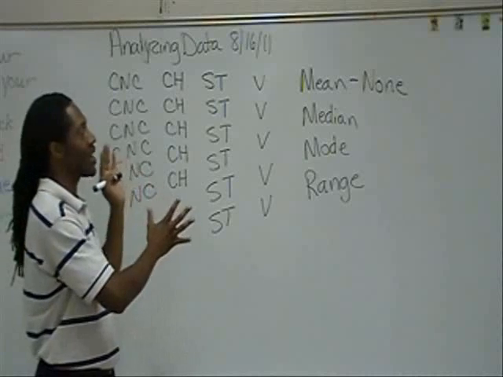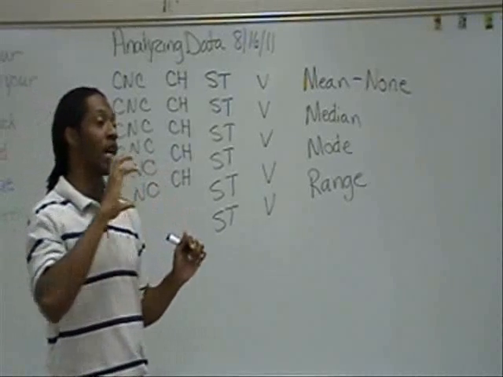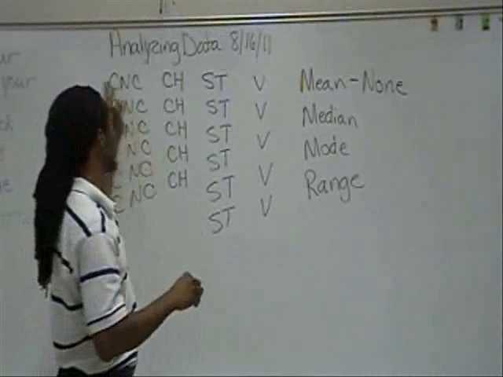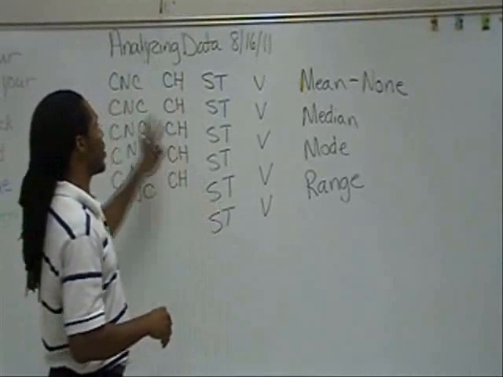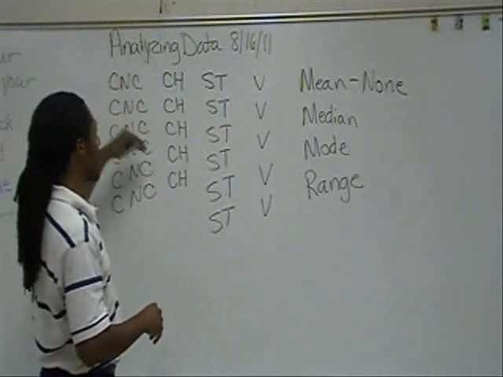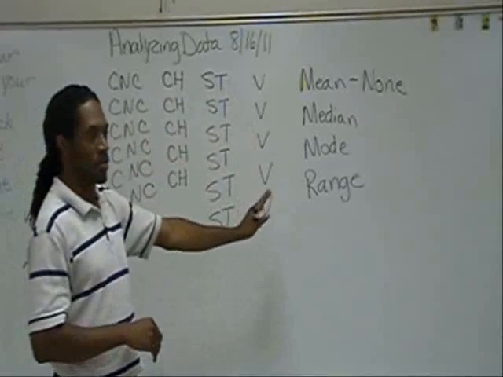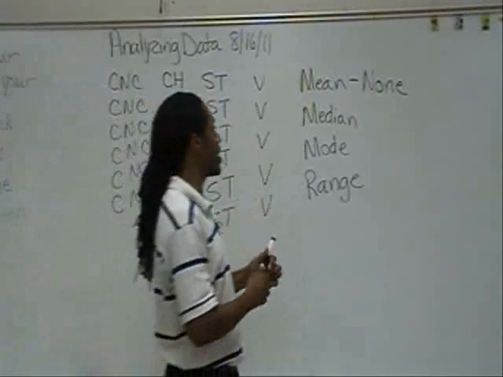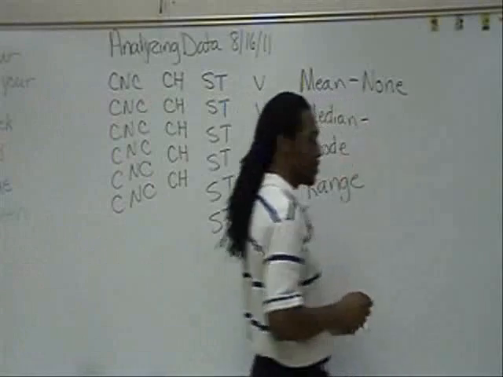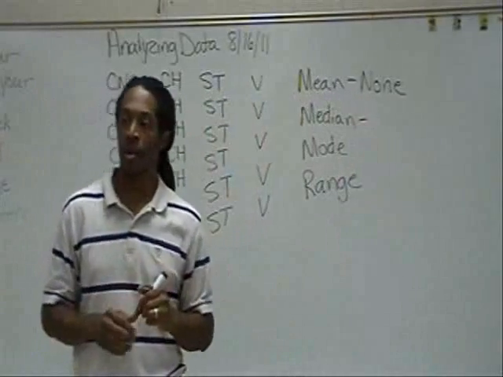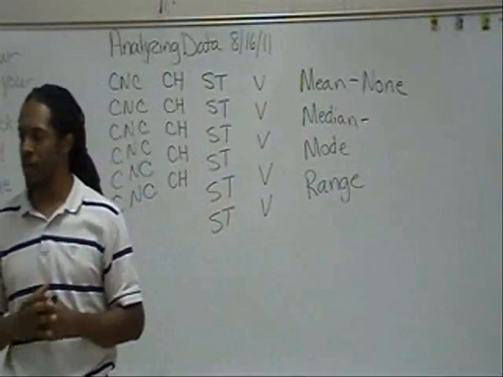In order to find the mean, we have to add all our numbers together, all our data together. But we don't have numbers in this data, we have categories. So there's no mean. What about median? How do we find the median?